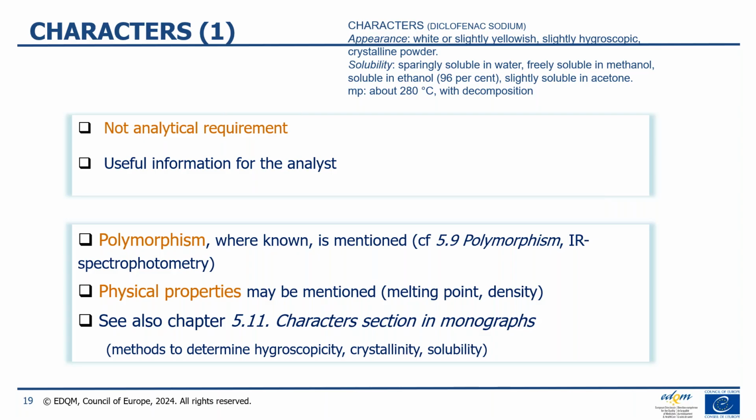Please remember that by default, an individual monograph covers all polymorphic forms, unless otherwise stated in the monograph. There is a general chapter on polymorphism, 5.9, and also a general chapter, 5.11, where you can find methods for the determination of hygroscopicity, crystallinity, and solubility.